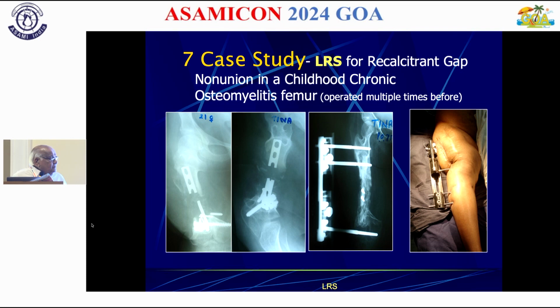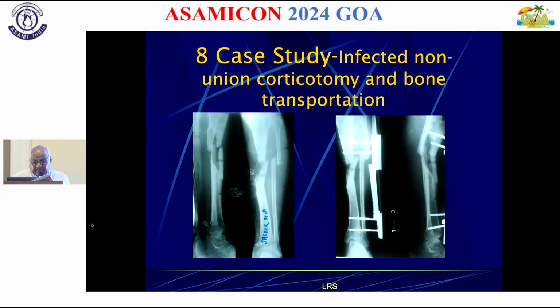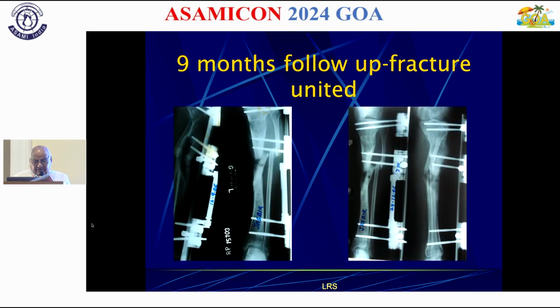This is chronic osteomyelitis of the femur where LRS was put and the fracture united well. Another case, infected non-union, corticotomy and bone transportation. 9 months follow-up, fracture united.